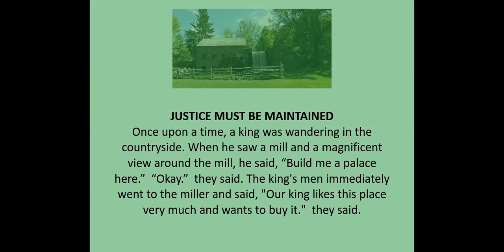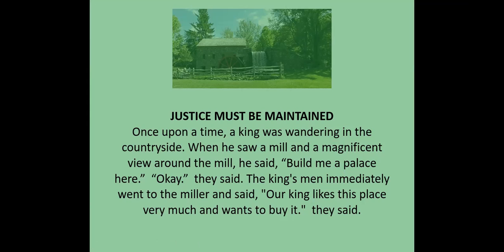Let's see it. Once upon a time, a king was wandering in the countryside, maybe riding around on a horse. When he saw a mill and a magnificent view around the mill, he said, "Build me a palace here."